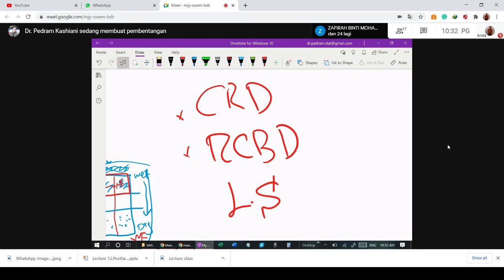I say, okay, I have 5 treatments, 3 varieties and 2 fertilizers, and I use CRD or RCBD. This is totally wrong. Why? Because you cannot say variety is better than fertilizer or fertilizer is better than variety. They are two different things.